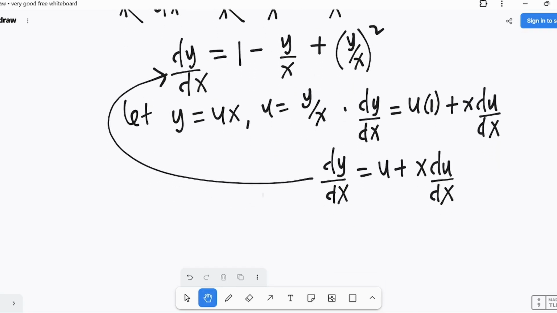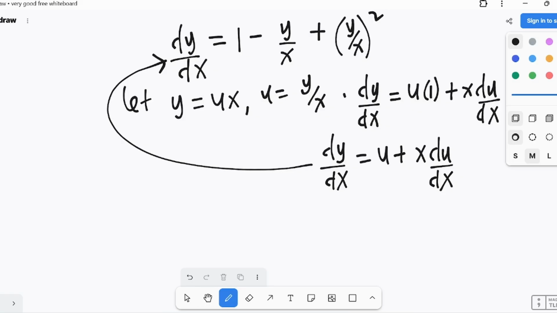On substituting it there, we shall have u plus x du dx is equal to 1 minus u plus u square.